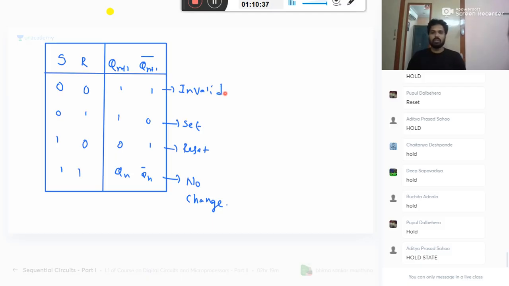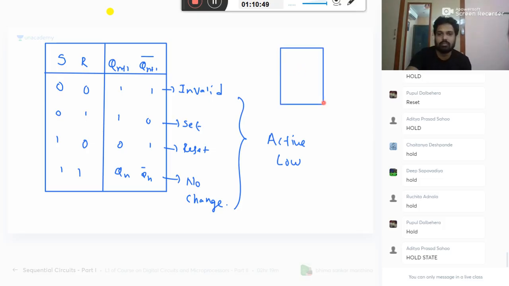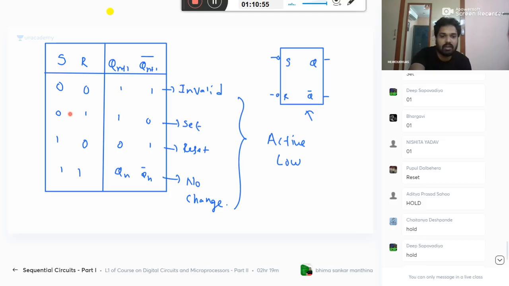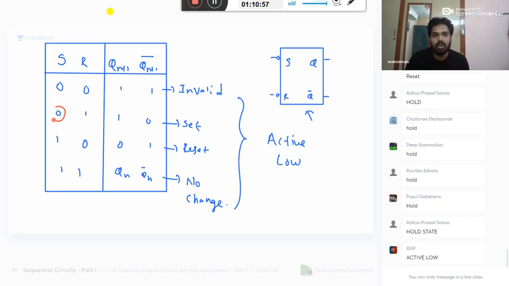Okay, so this latch is called active low. If you take a block diagram, why is it represented like this? Because when S is 0, please understand, it is doing set. When R is 0, it is doing reset.